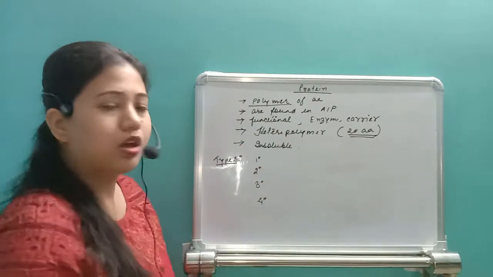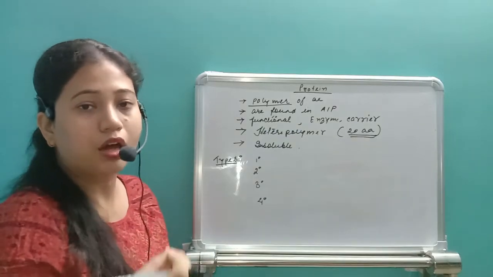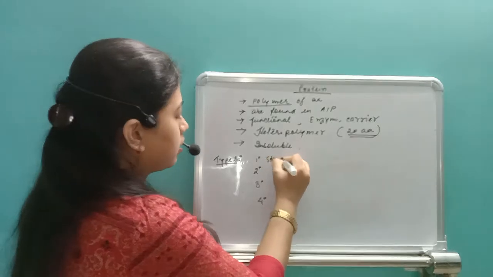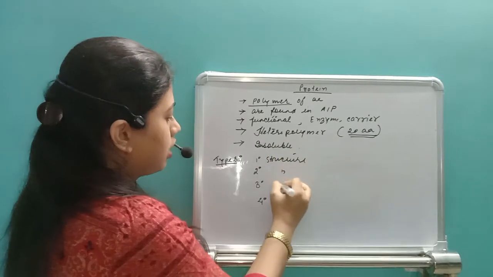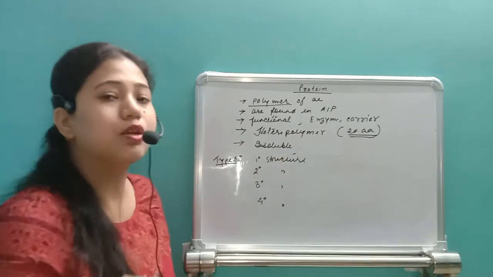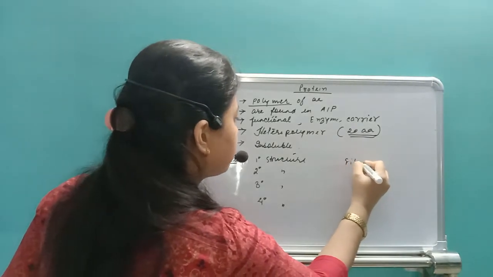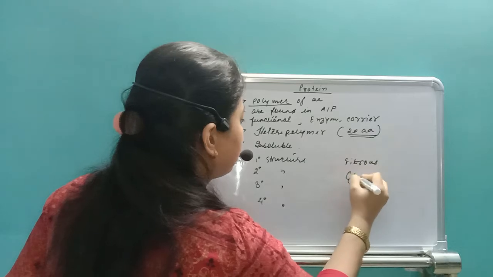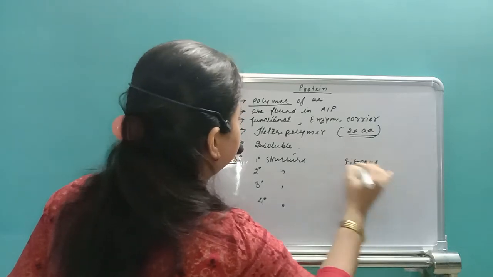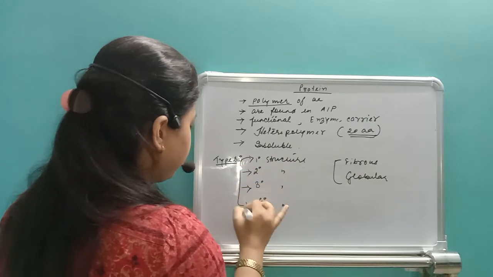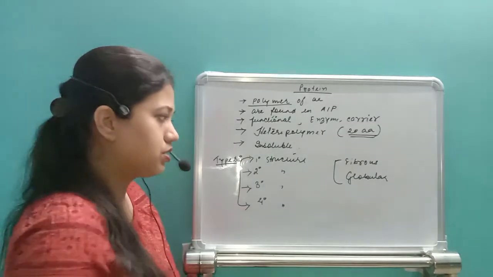So depending upon its arrangement, how it forms, they can form these structures. We also have another type of protein. It can be fibrous, or it can be globular protein. So we are going to have different classifications of protein depending upon this.